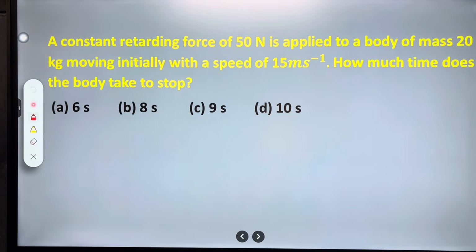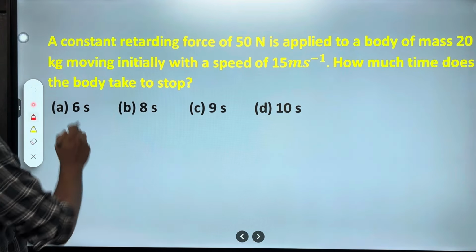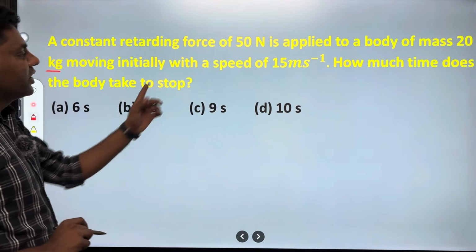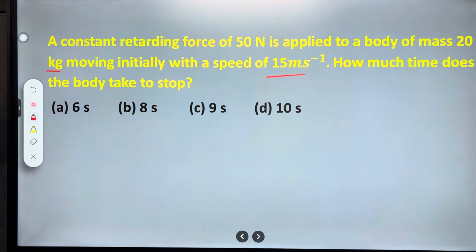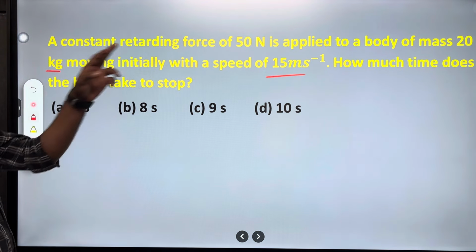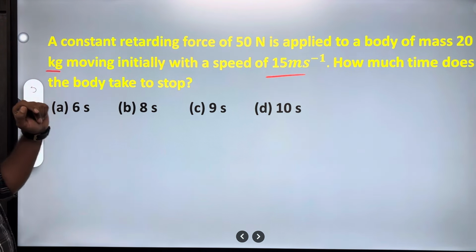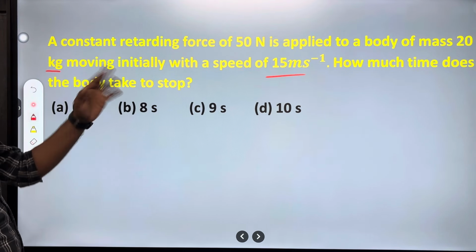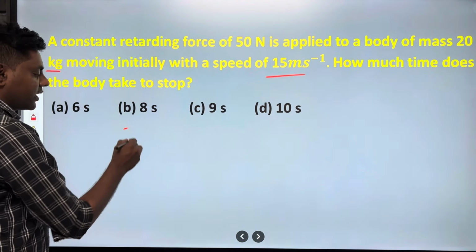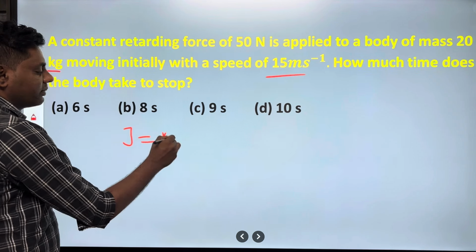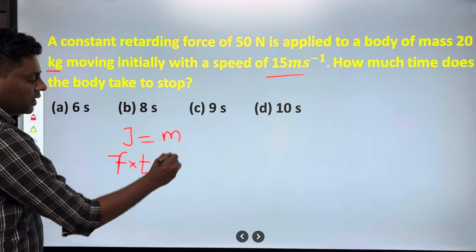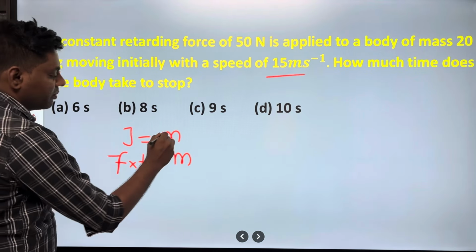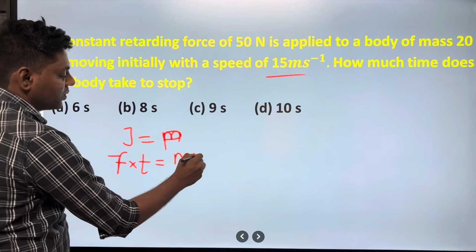a constant retardation force of 50 Newton is applied to a body of mass 20 kg moving initially at a speed of 15 meter per second. How much time does the body take to stop? Very simple. Force is given, time we have to calculate, velocity and mass are given. As you know, impulse is equal to change in momentum. Impulse is the product of force into time, and momentum is the product of mass into velocity.